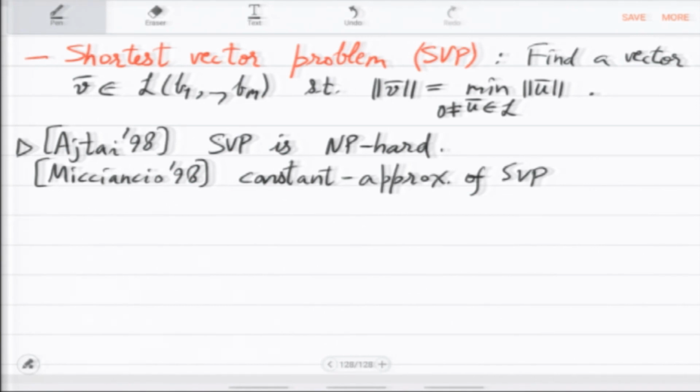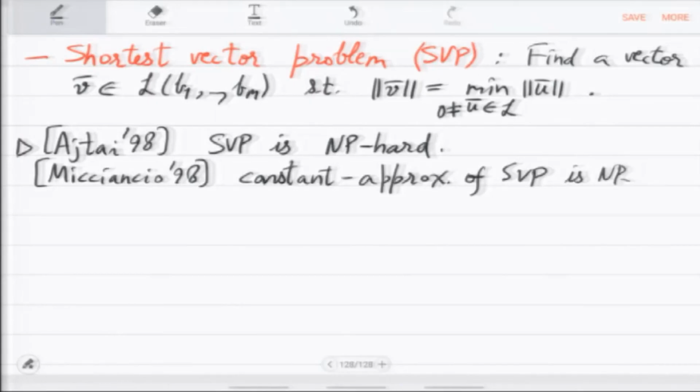In particular, he showed that if you want a vector that is at most square root 2 times the shortest vector, so an approximately shortest vector, that is also NP-hard. So this settles the inapproximability of SVP. Not only is it NP-hard to compute exactly, you cannot even approximate it.